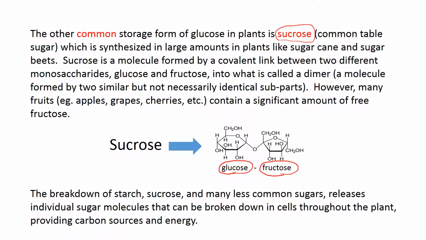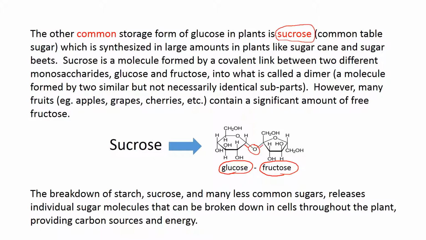Now the word fructose comes from fruit, because many fruit are high in this monosaccharide called fructose. And when glucose and fructose come together by this oxygen, with the covalent bonds linking the glucose and the fructose, that's called a dimer. And a dimer is a molecule formed by 2 similar but not necessarily identical subparts.